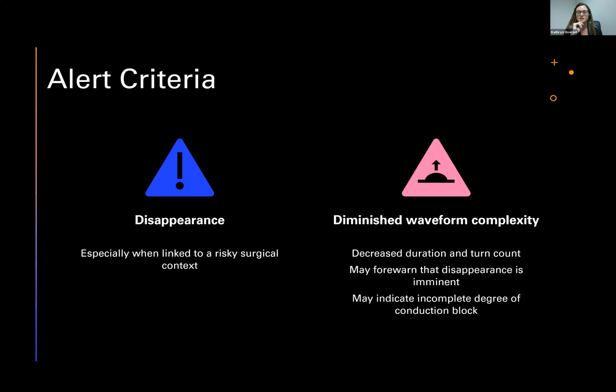So there could be something in the system that's blocking the signal from getting through, but not completely. So it's an opportunity to bring this up, to discuss and figure out if there's anything that can be done to prevent a disappearance and to allow the response to return.